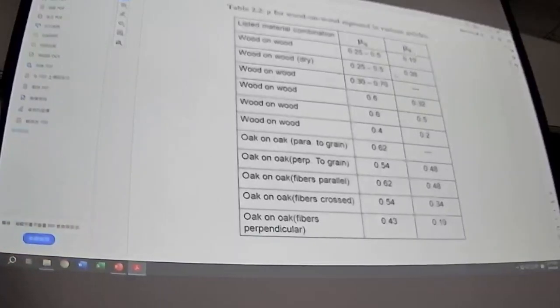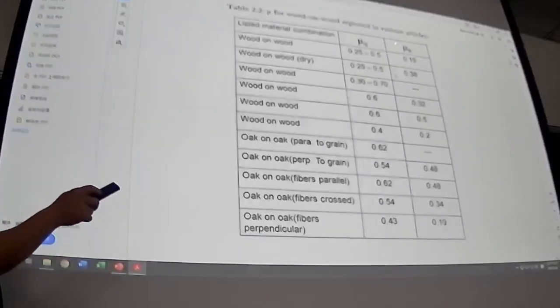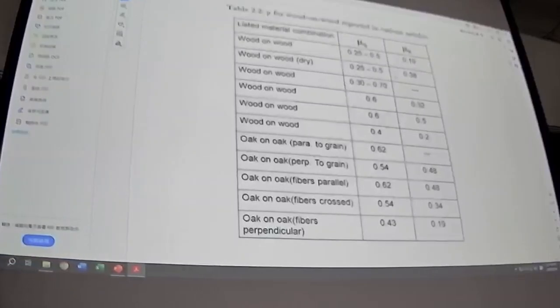It's slightly smaller than the static coefficient of friction.